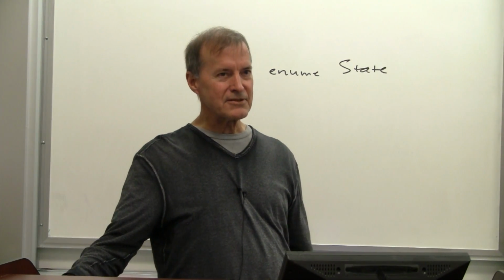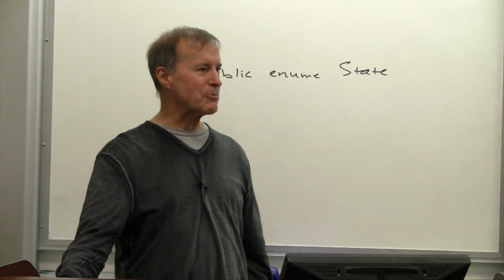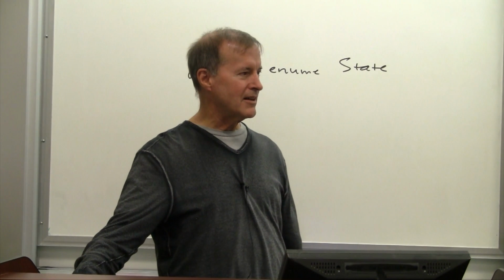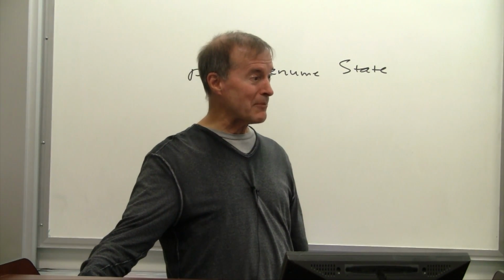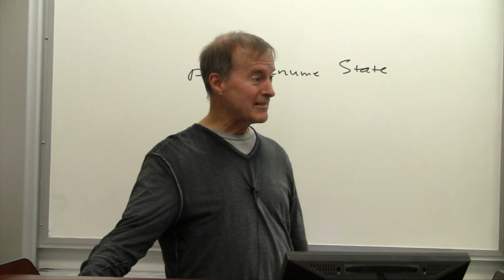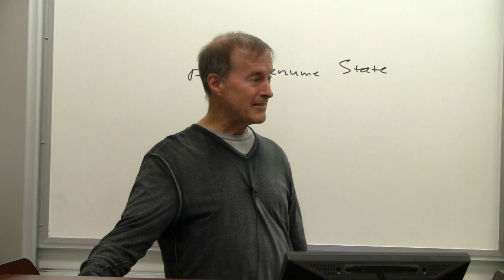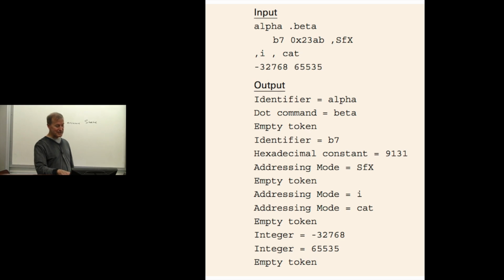Good questions. So the question is, how do you make it so that it doesn't print out the empty token at the end of a line? The answer is, you have to print out the empty token at the end of the line, because at the end of the line, it will detect the empty token. Here's an example.